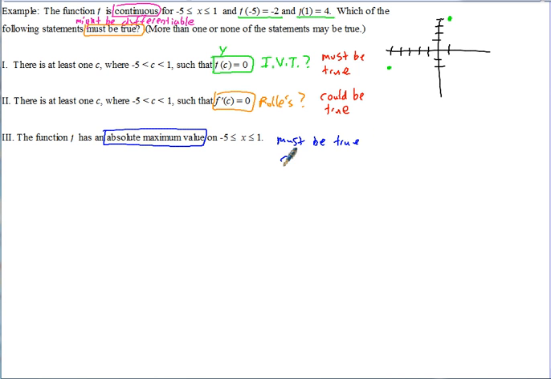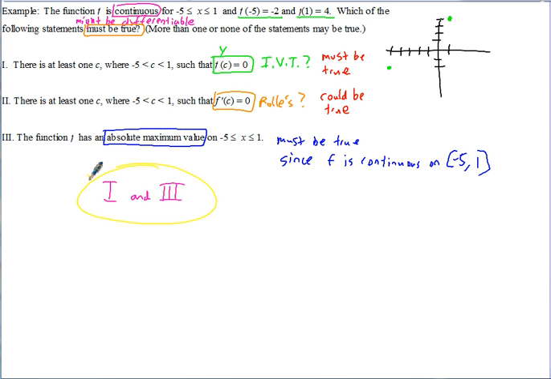So it must be true since f is continuous on -5 to 1. So in this case, Roman numerals 1 and 3 are the ones that must be true. And that concludes the notes for AP Calculus on the topics of the mean value theorem and Rolle's theorem.